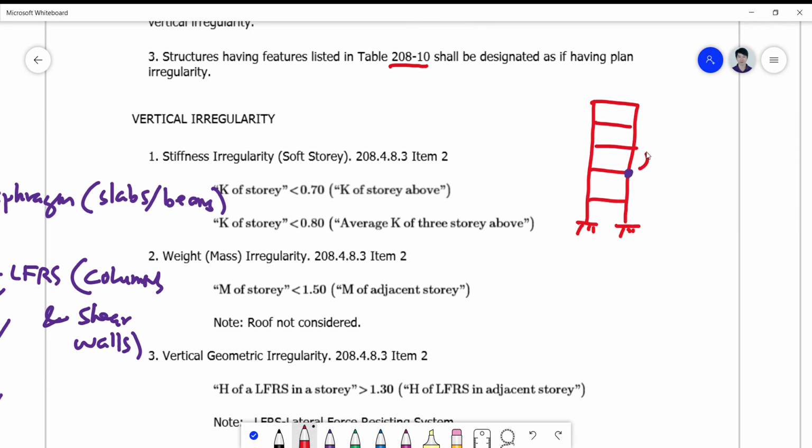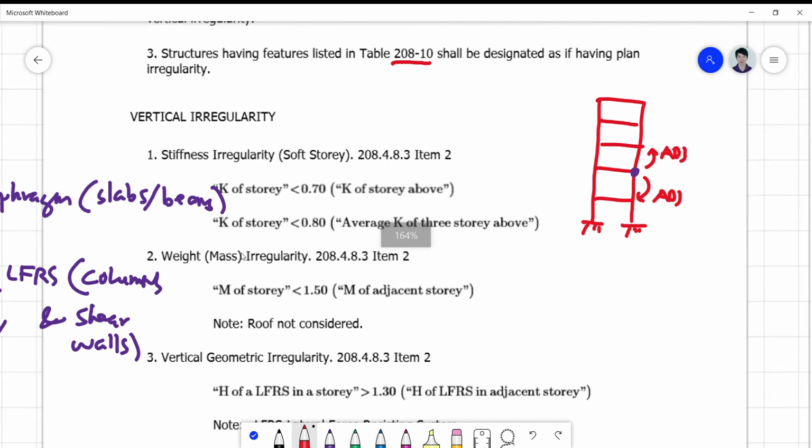So this story and this story are called the adjacent stories. Adjacent means it can be on top or it can be at the bottom. So basically, the vertical irregularity uses the word adjacent and separates it from a specific description of above and below. Take note of that.